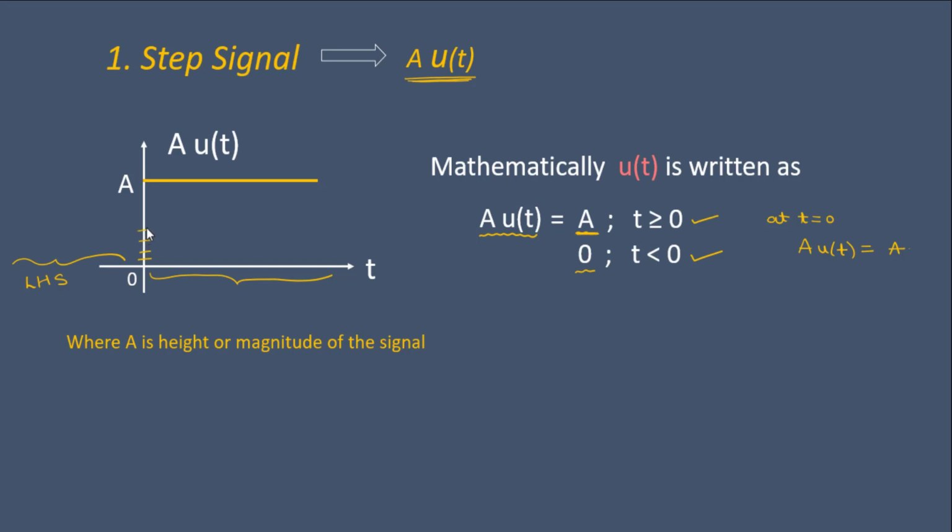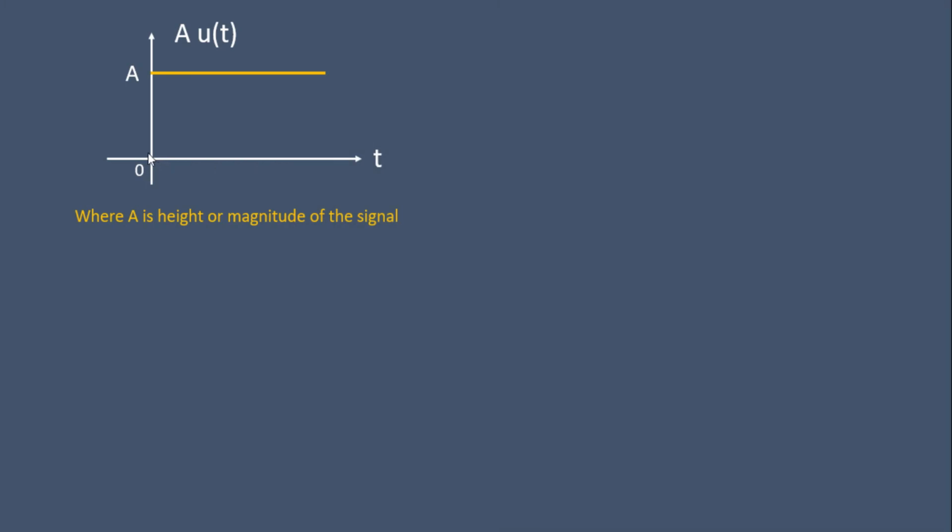This part is the discontinuous part, or you can say it is a sudden change. Now let us discuss this part. As I told you, at t equals 0 we have a discontinuity. For t less than 0, the signal is 0, and for t greater than 0, the signal is a and it is till infinity.